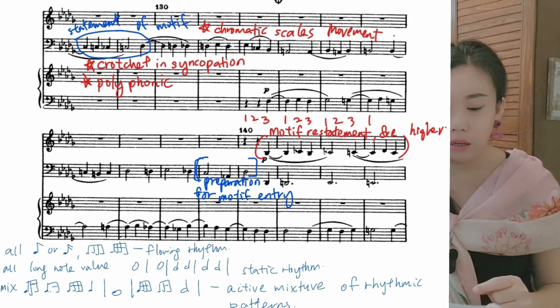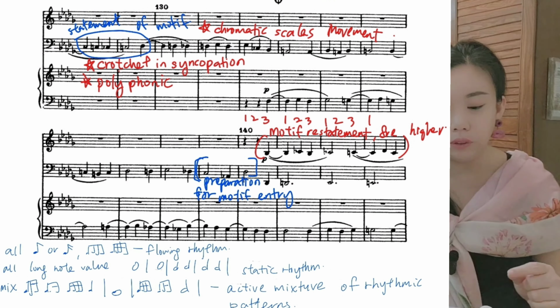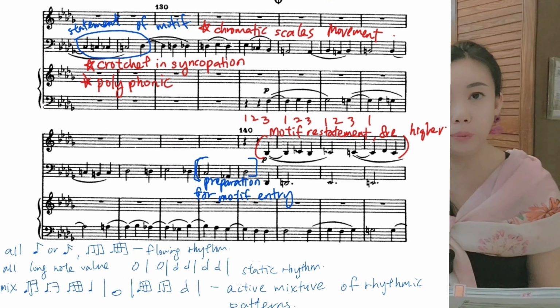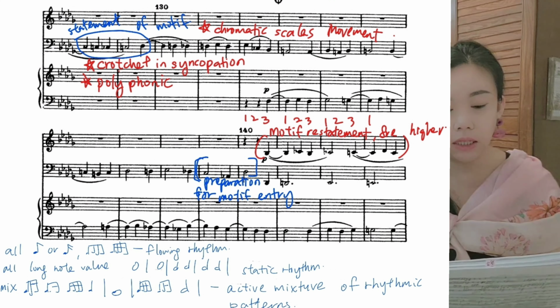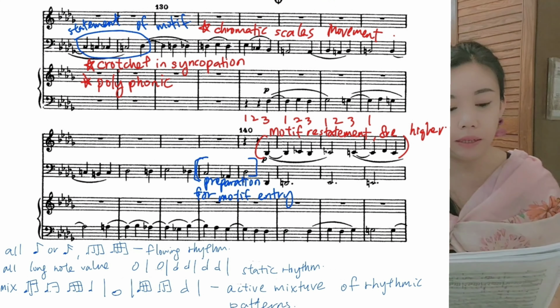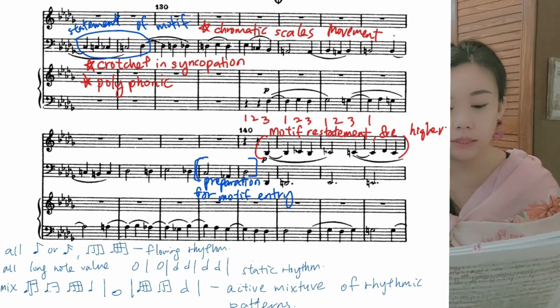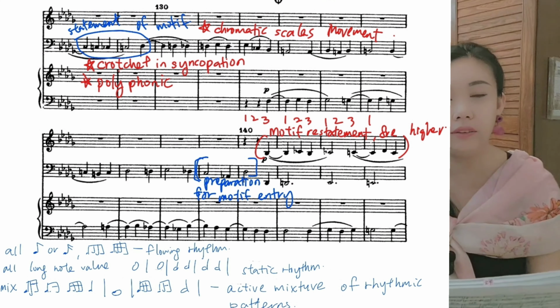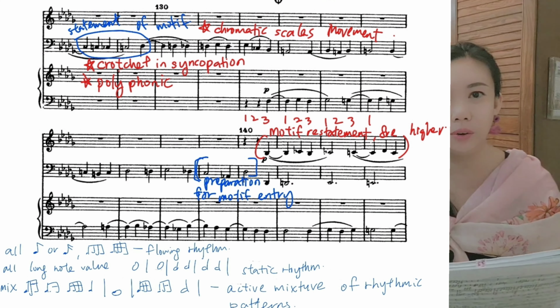Also you will start to see some change of rhythm. It looks like a hemiola, meaning instead of three crotchet beats, you see a lot of tied notes, and those tied notes hold for two counts, and you start to feel the rhythm 1 2, 1 2, 1 2.